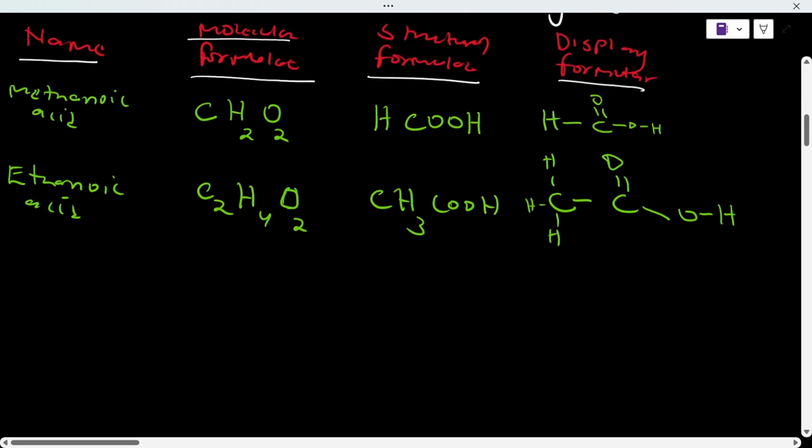The third one is propanoic acid. Molecularly, it is C3H6O2.